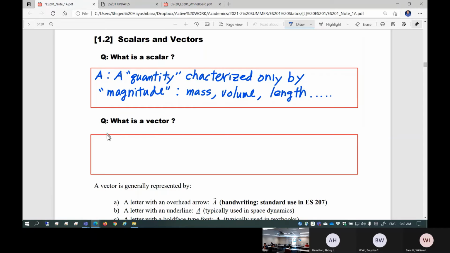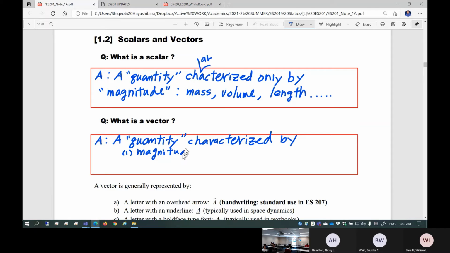Now, what is a vector? Go ahead, you don't have to raise your hand, just speak up. It's a quantity that's characterized by magnitude and direction. Both two things are needed. That's right. A vector is a quantity characterized by number one, magnitude, and number two, direction.